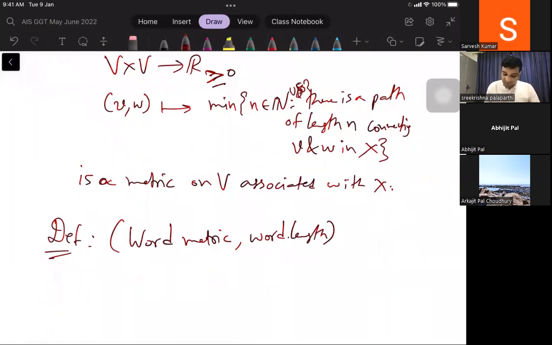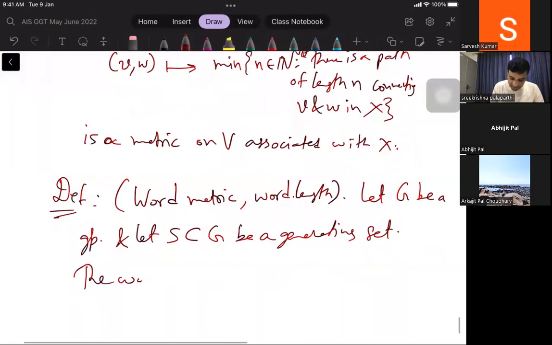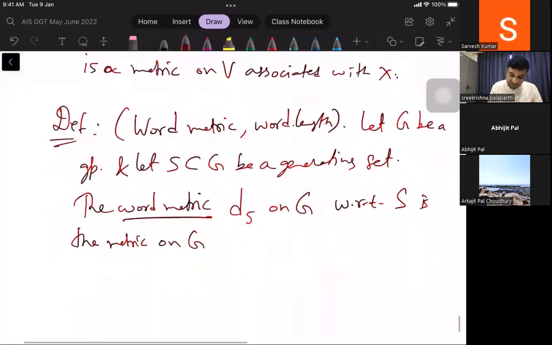Let G be a group, so now we are bringing in groups, and let S contained in G be a generating set. The word metric d_S on G with respect to S is the metric on G associated to a Cayley graph.